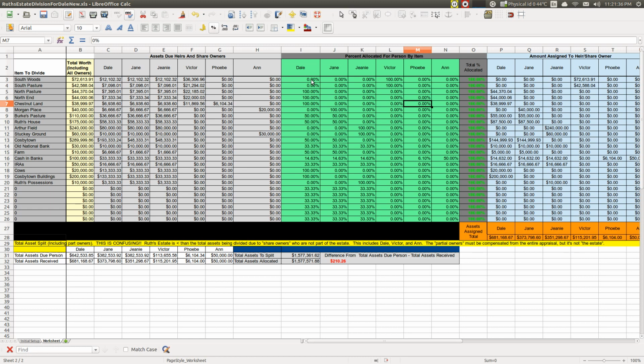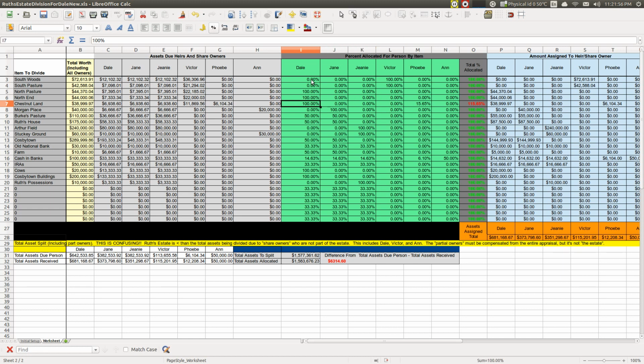So I can just enter in equals 1.88 acres divided by 11.5, and it gives that wild percentage.